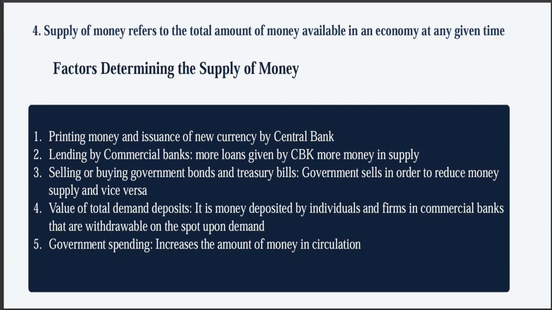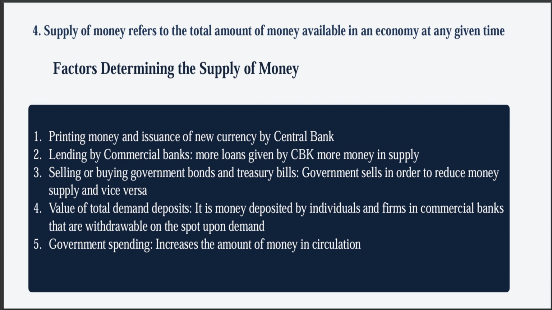Third one is selling or buying government and treasury bills. Now this is an aspect where most students usually confuse na hawajui government bonds ni nini, treasury bills ni nini. So government bonds ni kama investment, kama vile kuna shares, the government usually invests as well. So the government wako na hizo bonds, so they buy bonds from the CBK or from anyone.